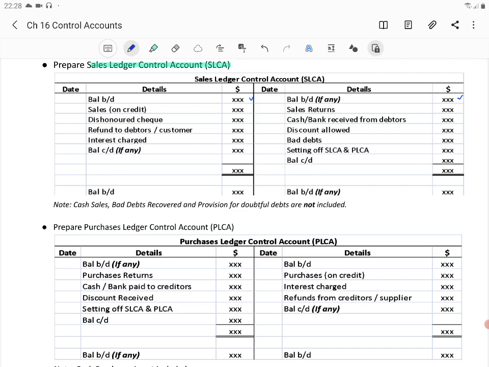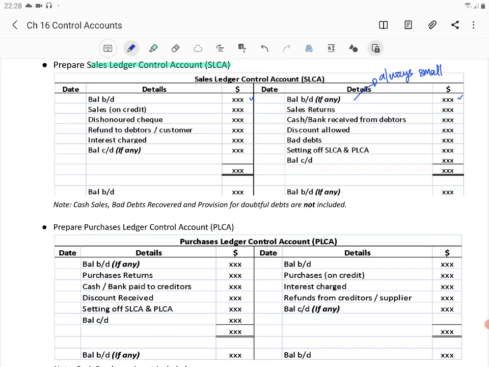Always remember the abnormal balance over here is always a small amount, because it is abnormal.